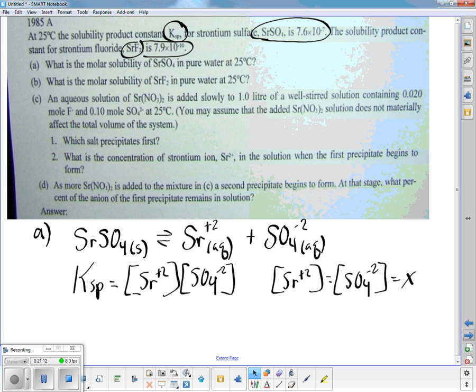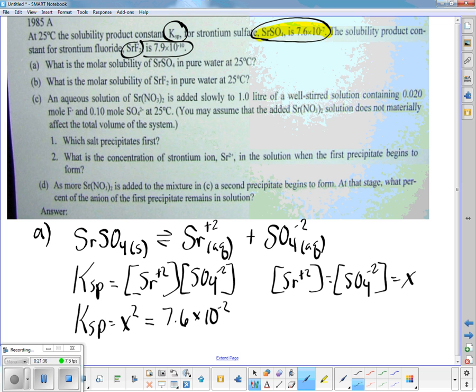So because I do that, I can say KSP is equal to X squared, right? Well, I know what the KSP is. It's up here at the top, right here. So I can say that's equal to 7.6 times 10 to the minus 2.